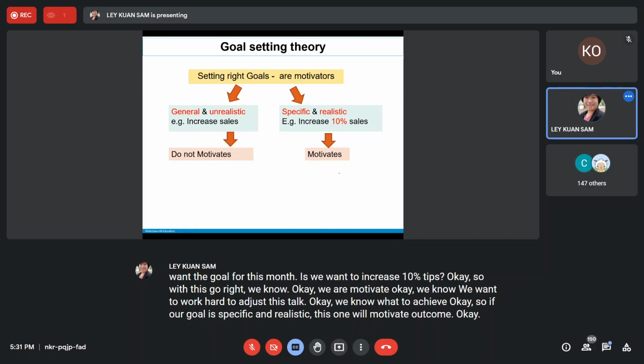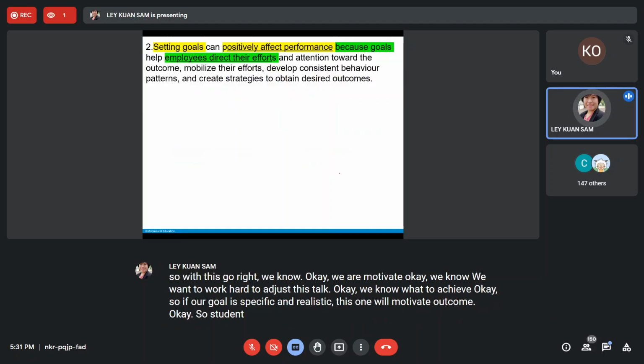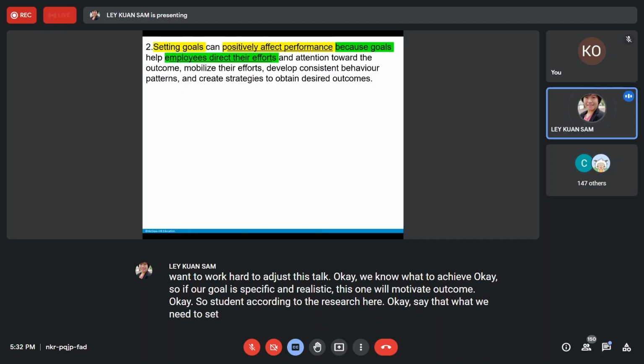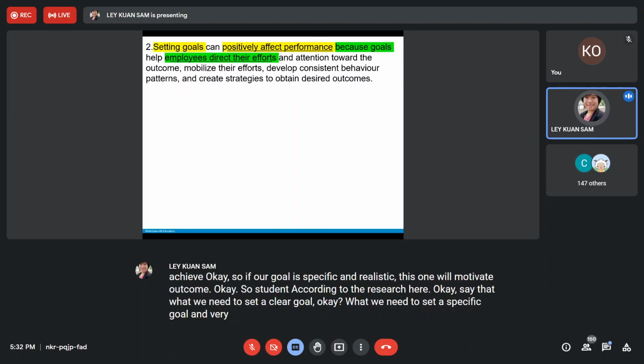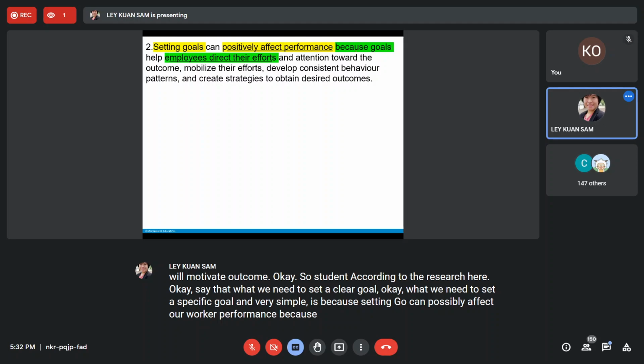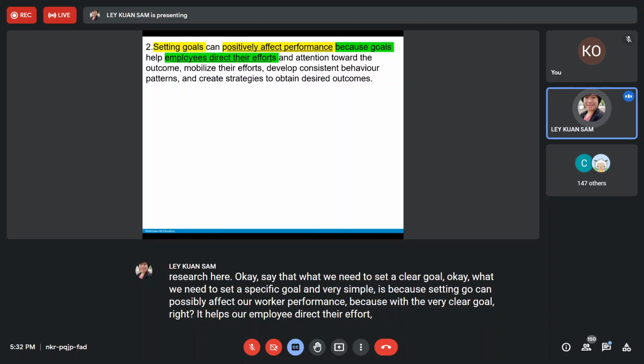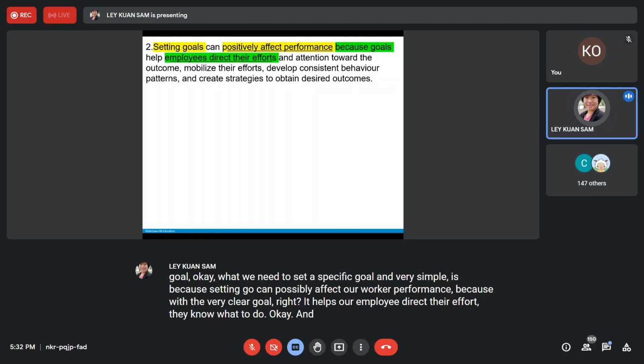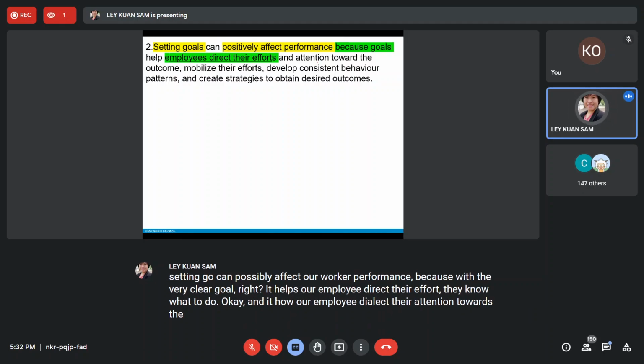Okay students, according to the literature here, why we need to set a clear, specific and realistic goal is because setting goals can positively affect our workers' performance. With a very clear goal, it helps our employees direct their effort, they know what to do, and it helps them direct their attention towards the outcome.